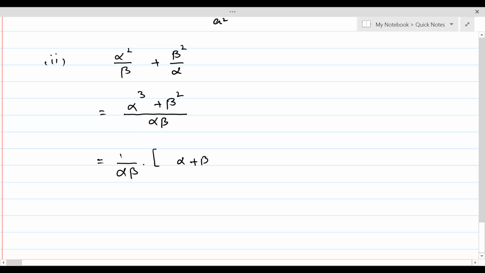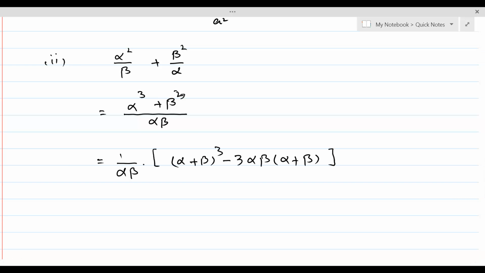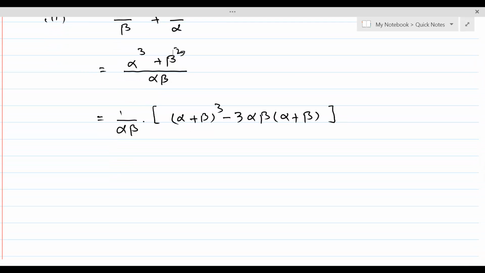Now alpha cube plus beta cube can be written in terms of alpha plus beta and alpha into beta like this: 1 over alpha beta, this is the denominator, and alpha cube plus beta cube is alpha plus beta whole cube minus 3 alpha beta into alpha plus beta. So now you can see that alpha cube plus beta cube is written in terms of alpha plus beta and alpha into beta.